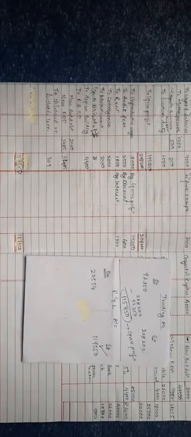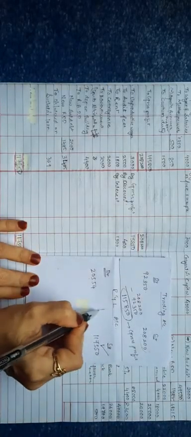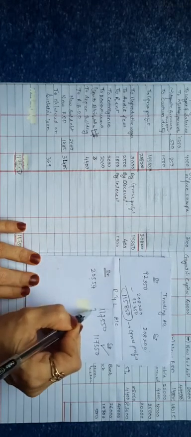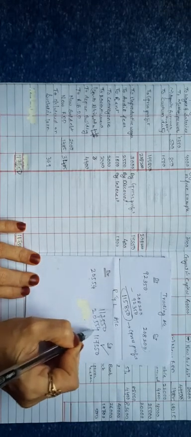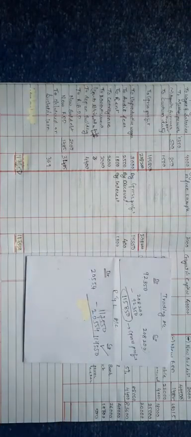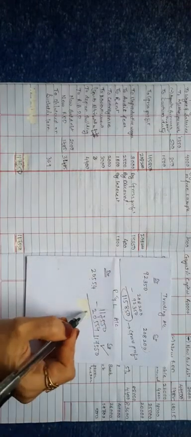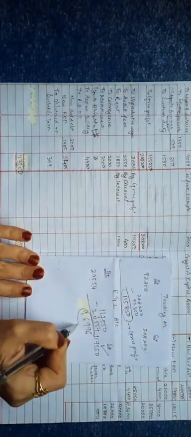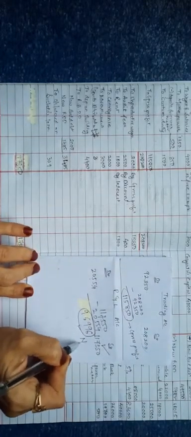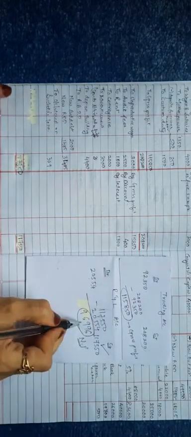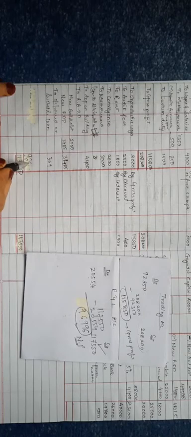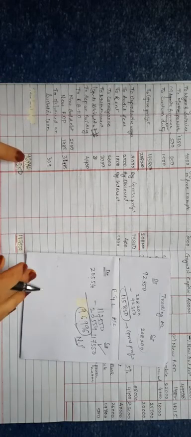From the bigger amount, the lesser amount, 20,554, is deducted. After deduction you will get 96,996. This difference is called net profit, and it will be written up here. This is nothing but net profit, 96,996.